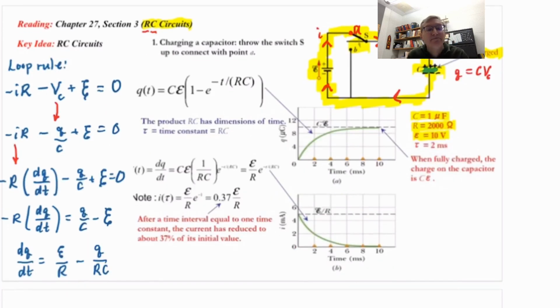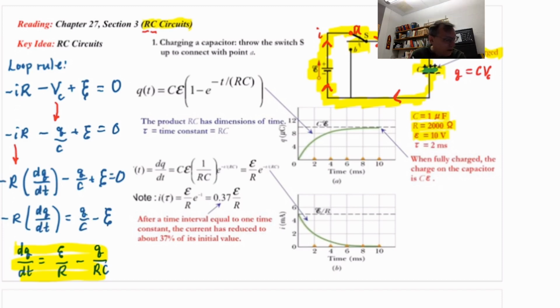As you can see, that is the equation right there. Might look kind of odd, but that is an equation that will tell us the charge on the capacitor plates. And it's a function of time.